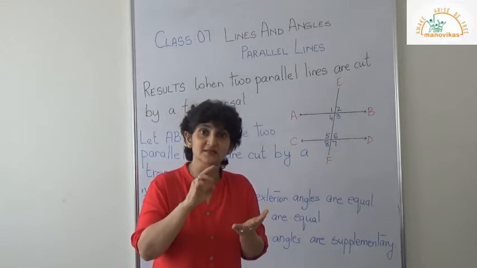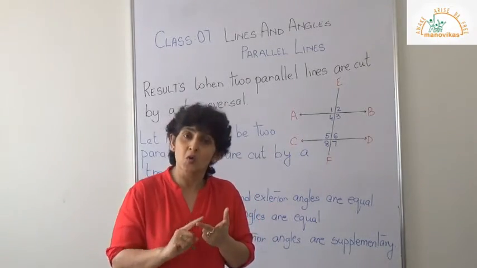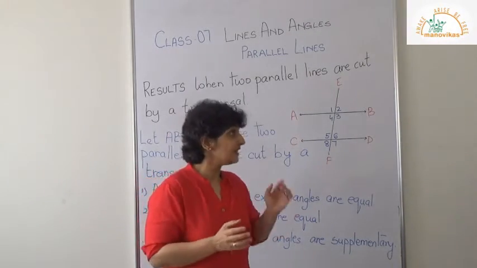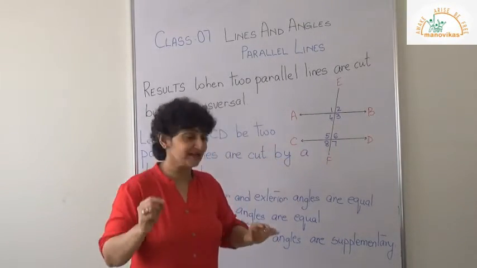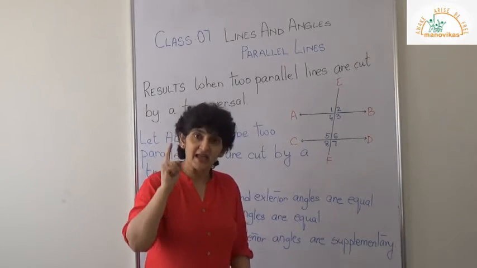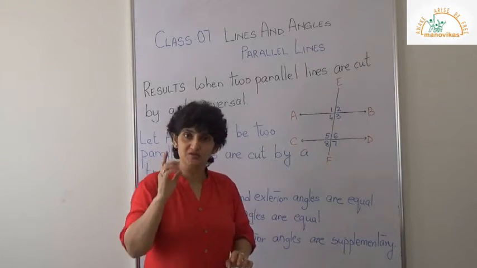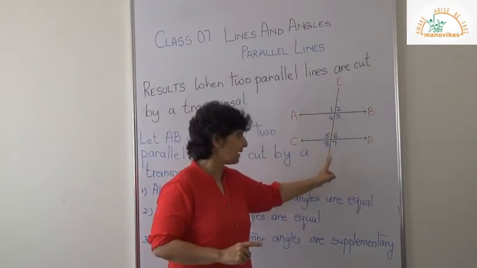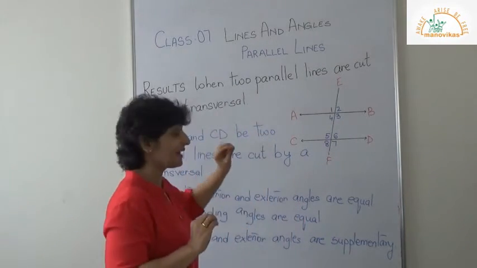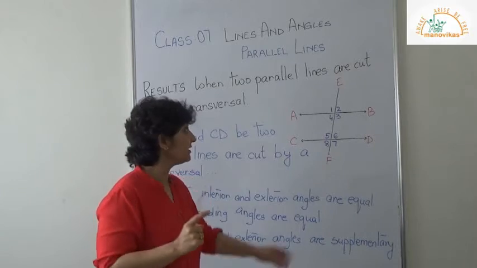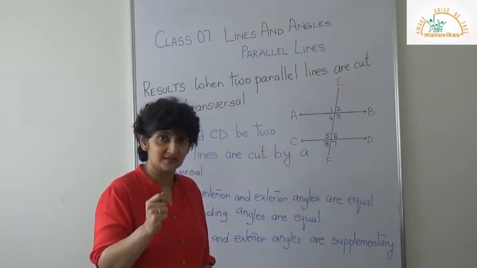We have alternate angles, corresponding angles, co-interior, exterior angles, right? Now, what happens when you have two parallel lines? For example, here I have AB is parallel to CD and it is cut by a transversal. So as usual, you have your 8 angles. What is the condition when you get these angles?